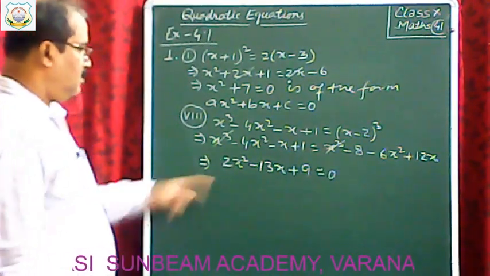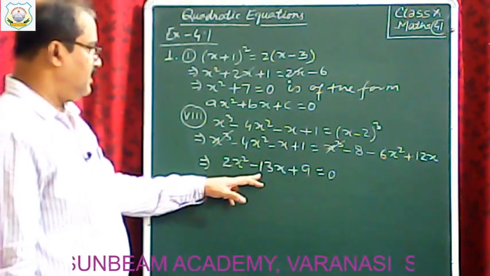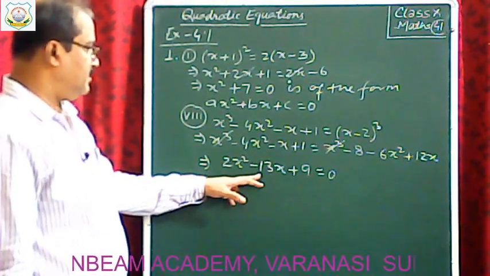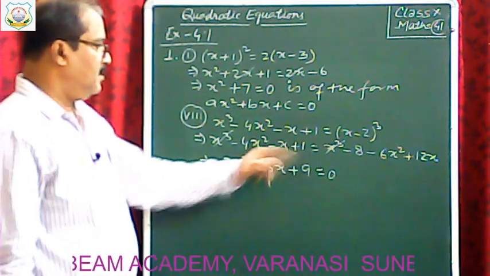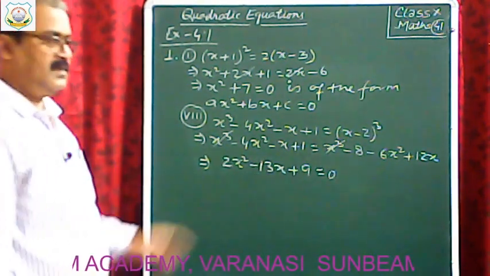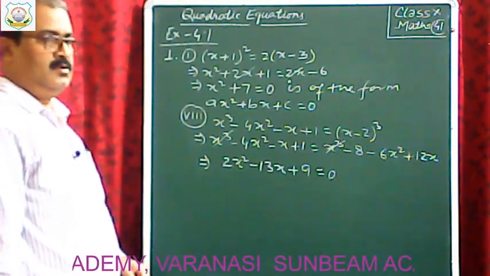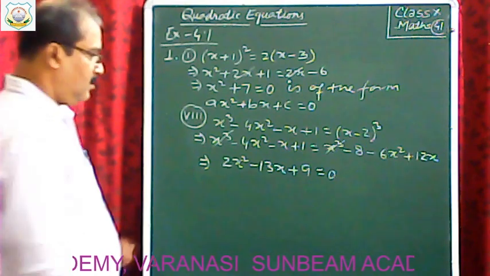Okay, so we get 2x square minus 13x plus 9, means the form is ax square plus bx plus c equal to 0. Clear? Right?